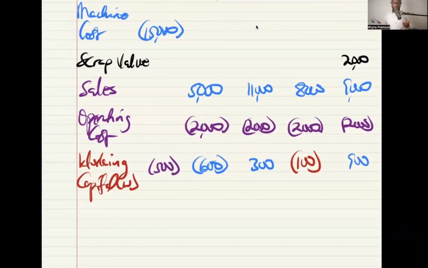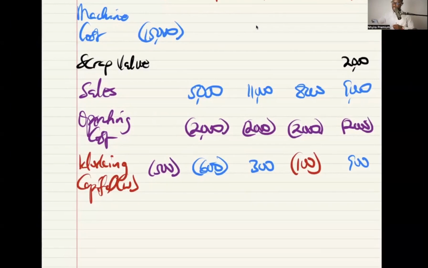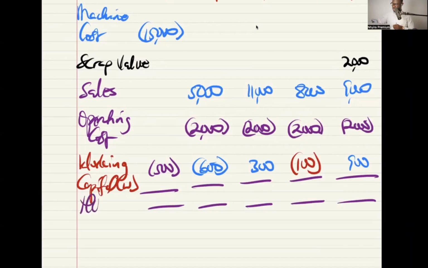Once we have the working capital, we can get the net cash flows, which is the requirement of the question for us here. So this is going to be 15,500, then 5,000, 2,000, 600. We have 2,400 positive. 11,000 minus 2,000 plus 300.